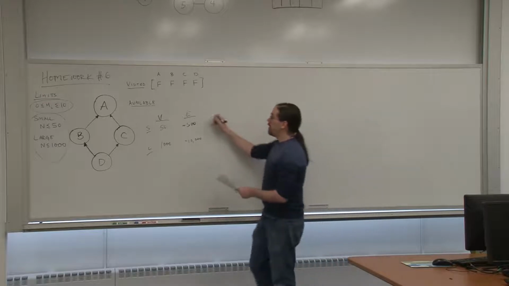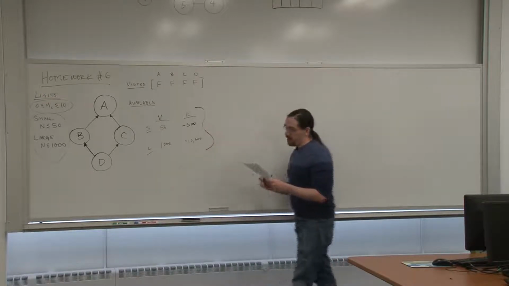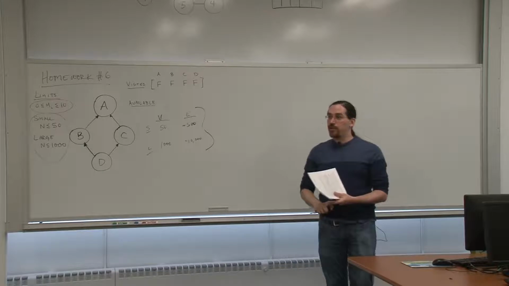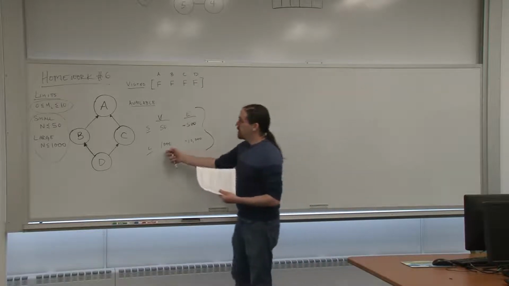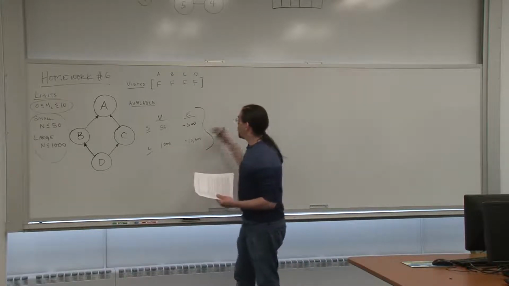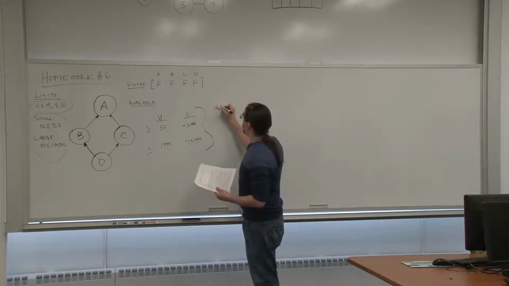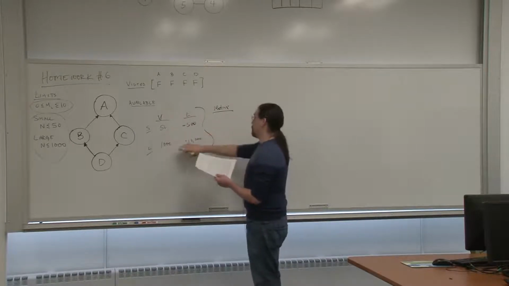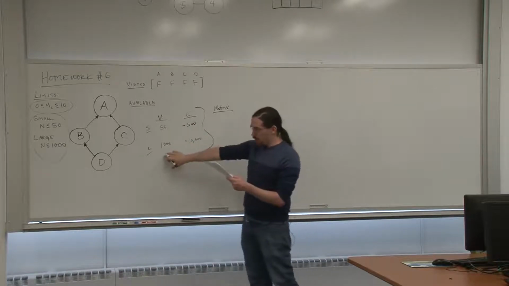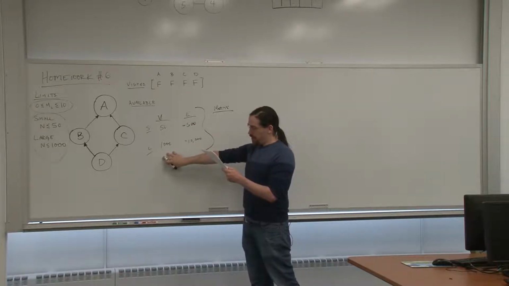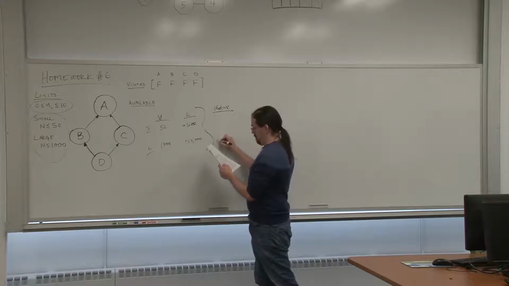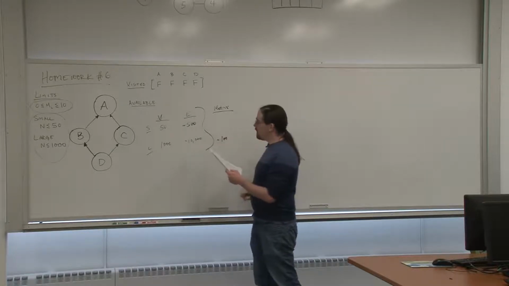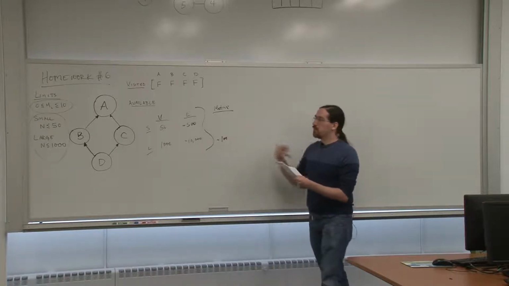Under these limits, an adjacency matrix requires V squared space. So if we're using a matrix, let's look at the large case. That's going to require about 1 million possible spots.